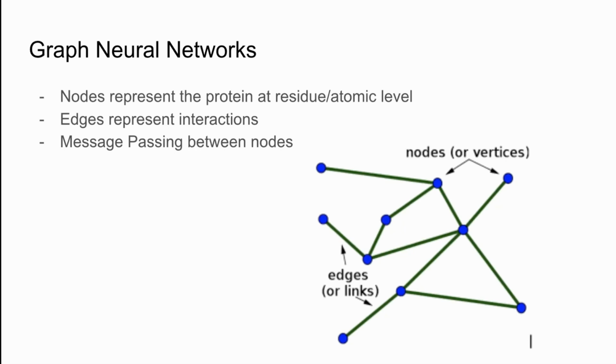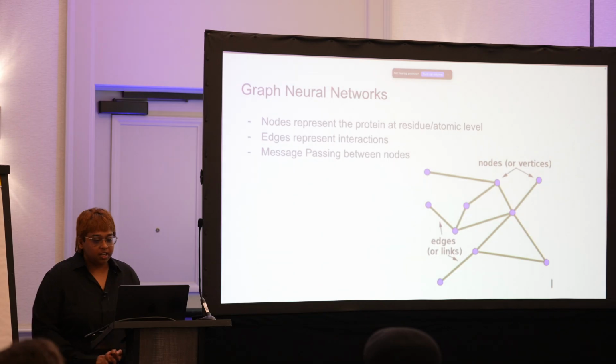And what makes this message passing so elegant is, I feel, how it mirrors the physical reality of proteins. Just like an amino acid interacts with its neighbors and they influence each other through various interactions, the message passing allows the residues to sort of communicate with their neighbors. They can share information about chemical properties, spatial relationships, and even long-range interactions.